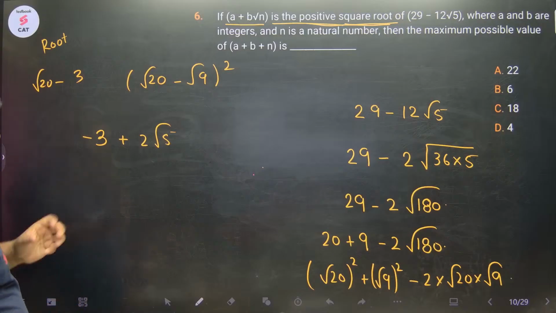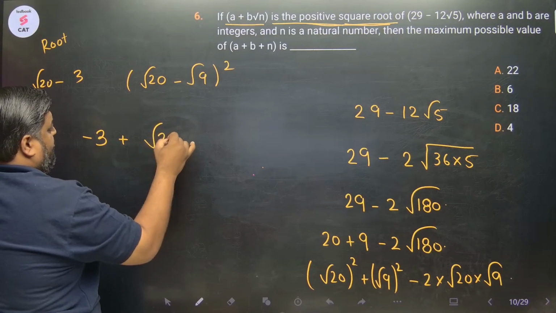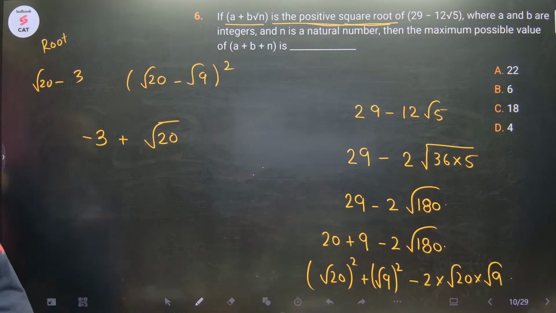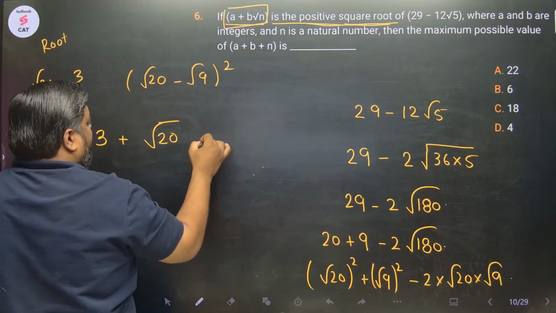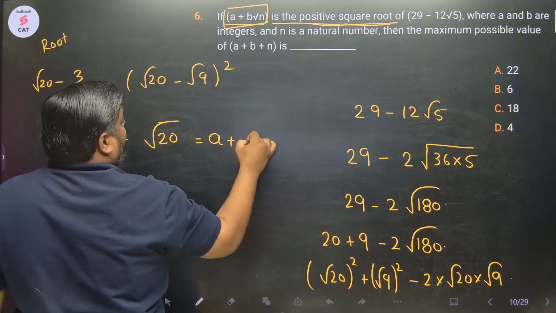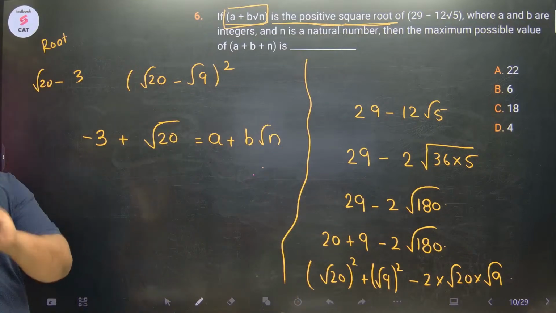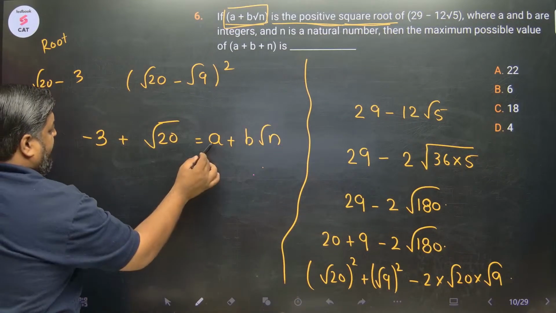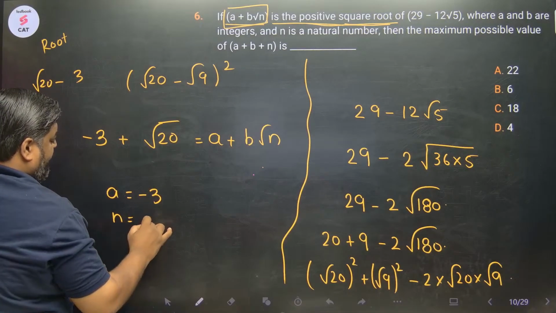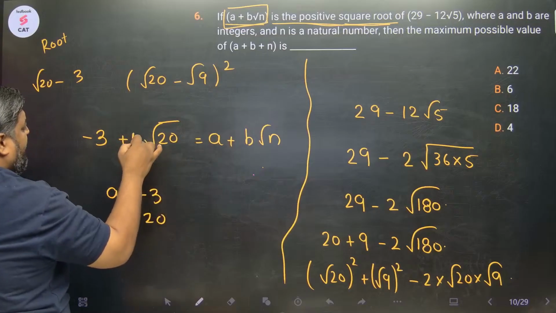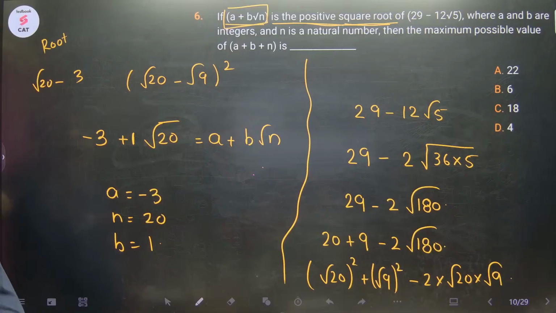Okay, 2 root 5 or plus root 20 also works. Now if we compare this with a plus b root n, my a is minus 3, n is 20 and b is 1. B could be 1. Say yes sir.